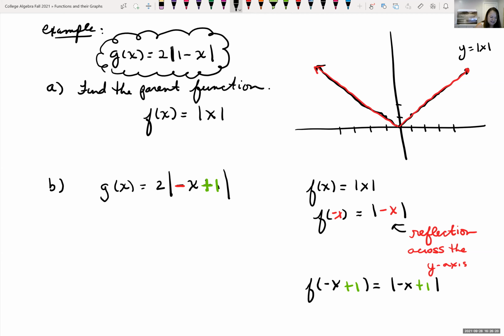So if I take this and I shift it to the left 1 unit, this point right here that was at 0, 0 is now at -1, 0.